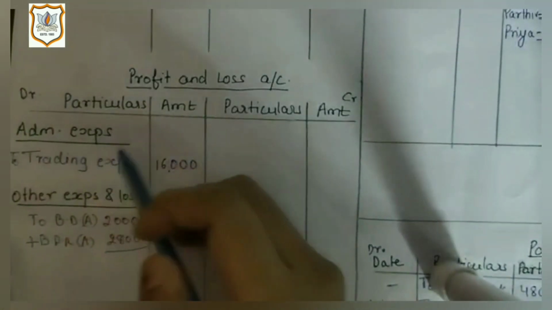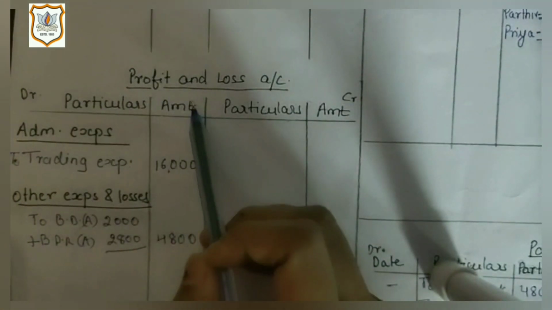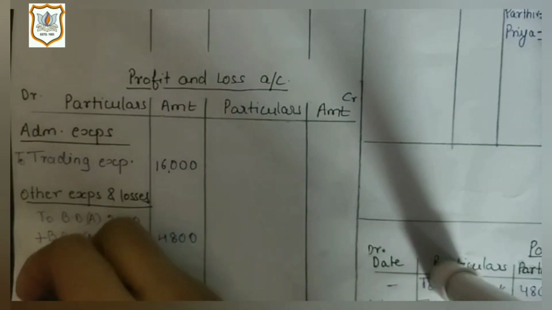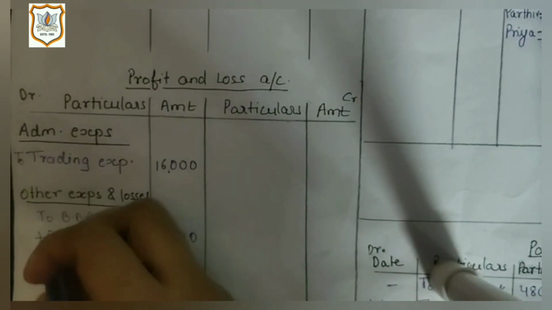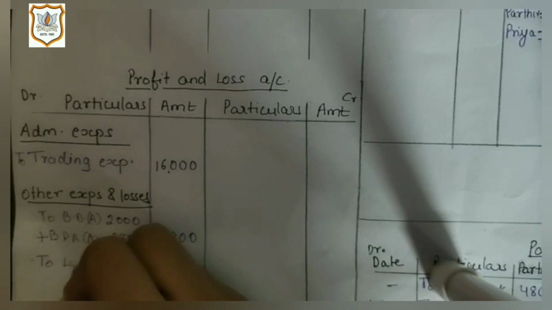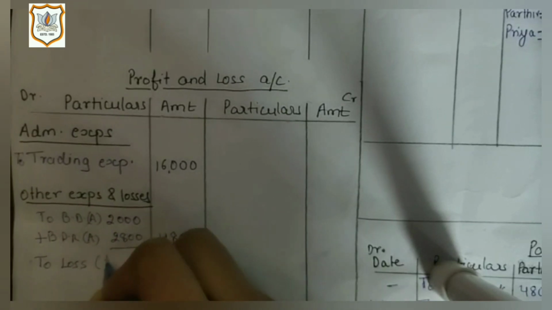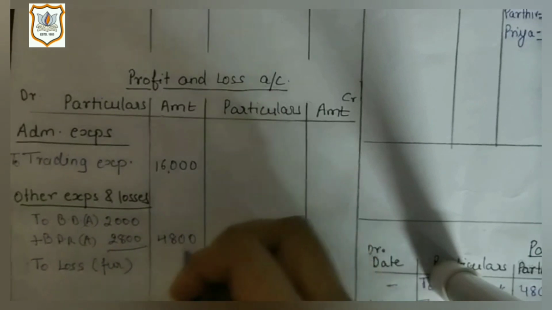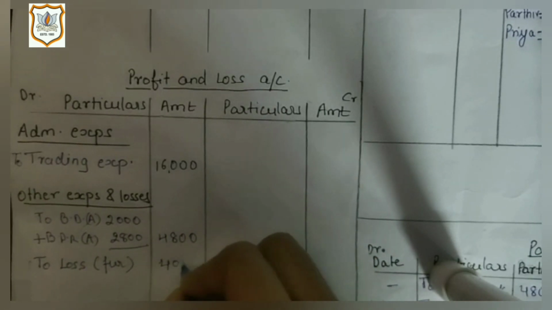And second effect will be on debit side of profit and loss account. Since it is a loss, we will record it on debit side to loss of furniture, that is 4,000.